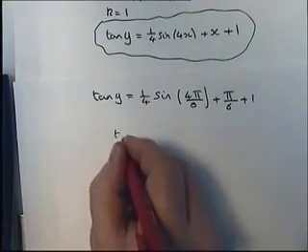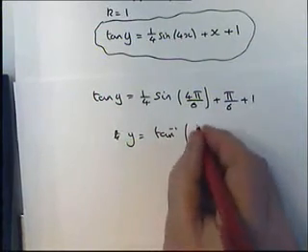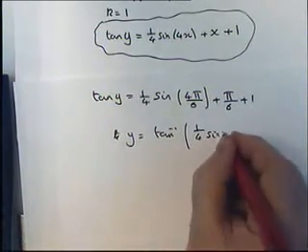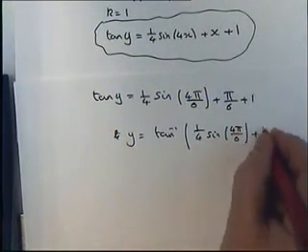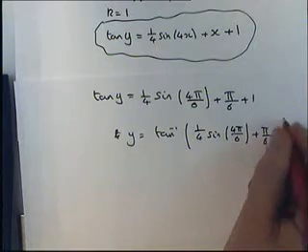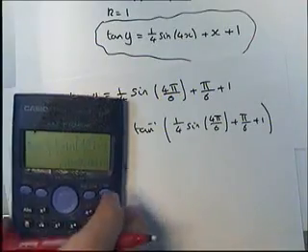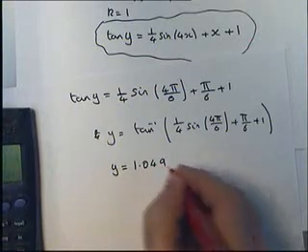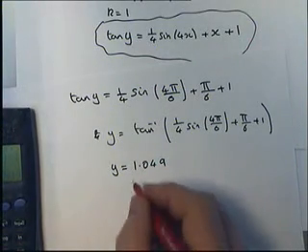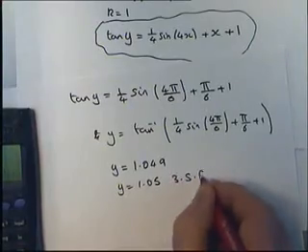So y equals tan to the minus 1 of a quarter of sine of 4 pi by 6 plus pi by 6 plus 1. And if you put that into your calculator, you should get the correct answer. And I get y to be 1.049, or y equals 1.05 to 3 significant figures.